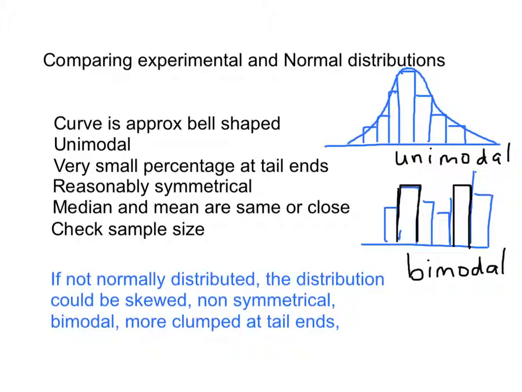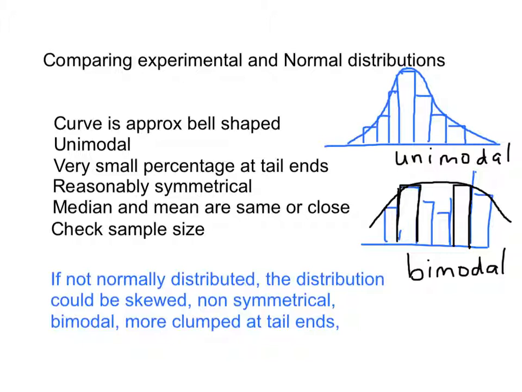There's a very small percentage at the tail ends. So these tails come out to about almost nothing at the ends. You can see the one below it here. This distribution goes like that. It doesn't go down to almost nothing at the ends, whereas a normal distribution would. It's reasonably symmetrical.